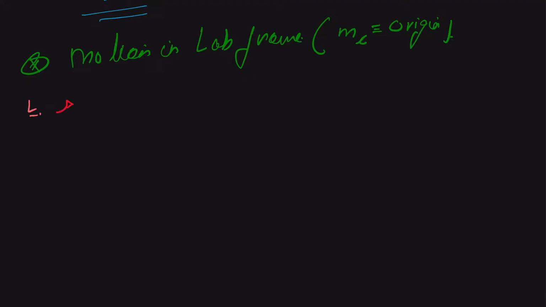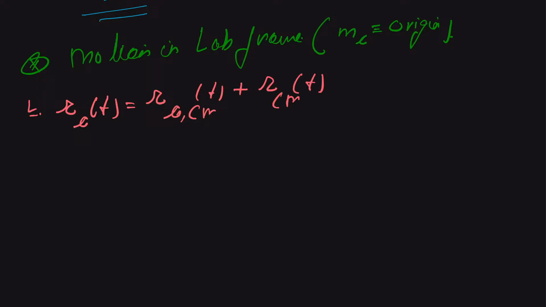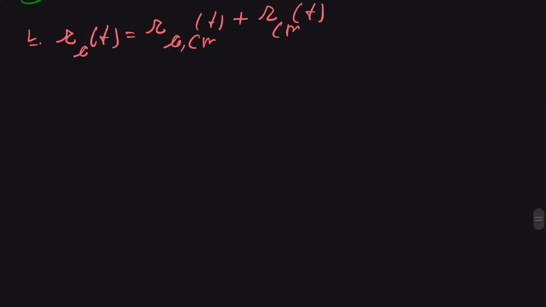Therefore, our Ra of t will be equal to Ra center of mass plus R center of mass with respect to time t. Just a simple addition, nothing much.